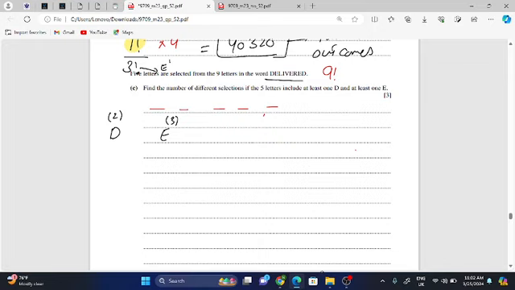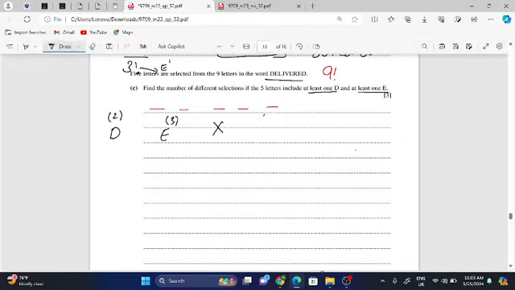There is a restriction: at least 1 D and at least 1 E, and I have to create 5 letter words. It means the remaining one would be any letter, maybe I, maybe L, maybe V, anything could be.